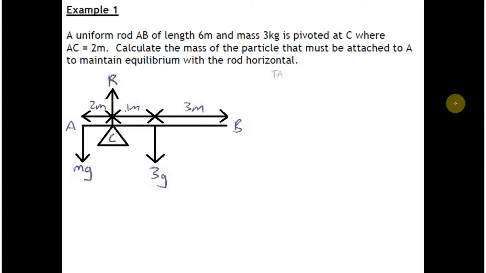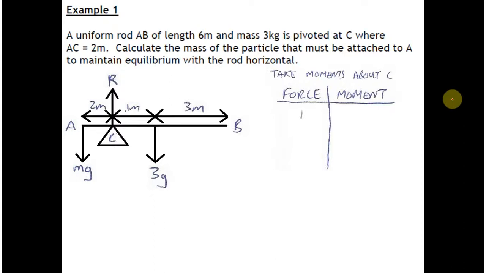Now in these scenarios, where we have two unknowns and we're only interested in one, it's generally best to take moments about the point which has the unknown that we don't care about. So we take our moments about C because we don't care what the force R actually is. Now, when I do this, I tend to draw this as a table. So I list all the forces and their corresponding moments.